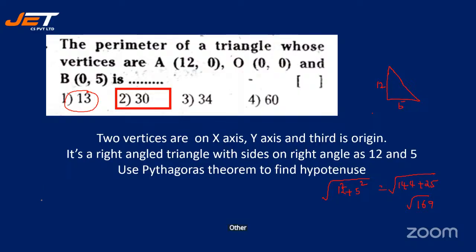Okay, so let's use the distance formula: x2 minus x1 the whole square plus y2 minus y1 the whole square. That is 12 square plus 5 square. Just a second, I'll just calculate.